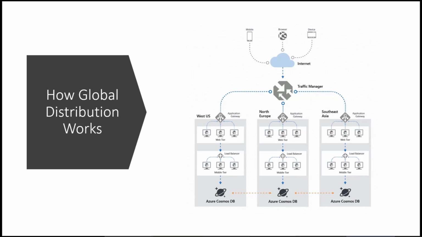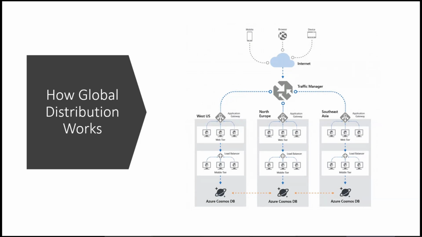Cosmos DB is what we refer to in Azure as a foundational service. It doesn't matter which region you're deploying your Azure resources to, you can deploy Azure Cosmos DB anywhere in the world. We can configure our databases to be globally distributed and available in any Azure region. To lower the latency of our applications, it's a good idea to place the data as close to our users as possible.